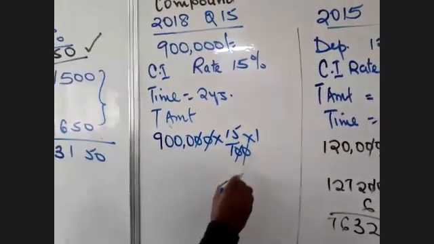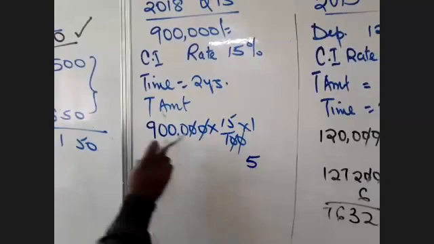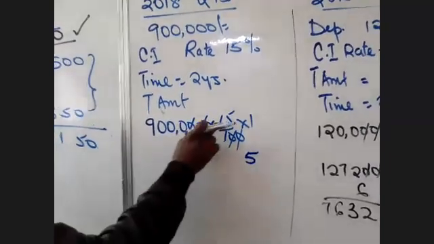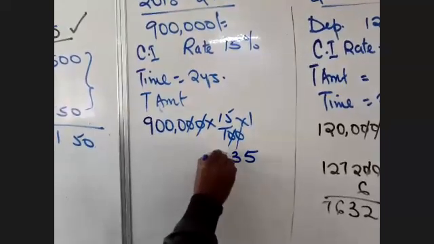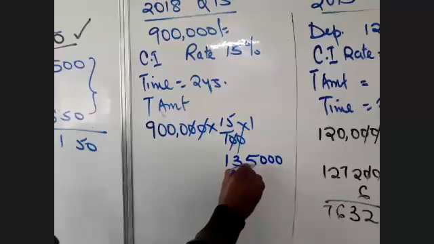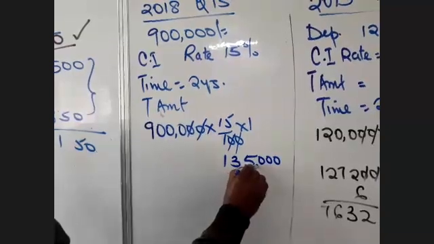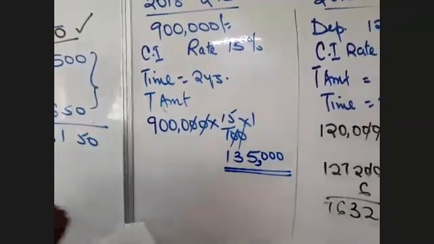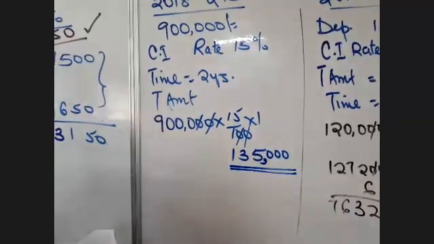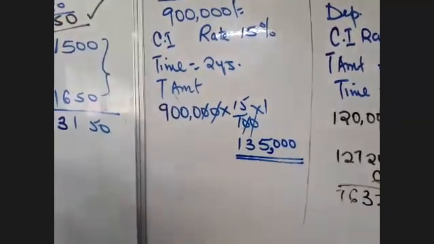That is what? 45 carry 4, 9 plus the 4, 13, 3 zeros. So his 900,000 and him 135,000. That was the first year.